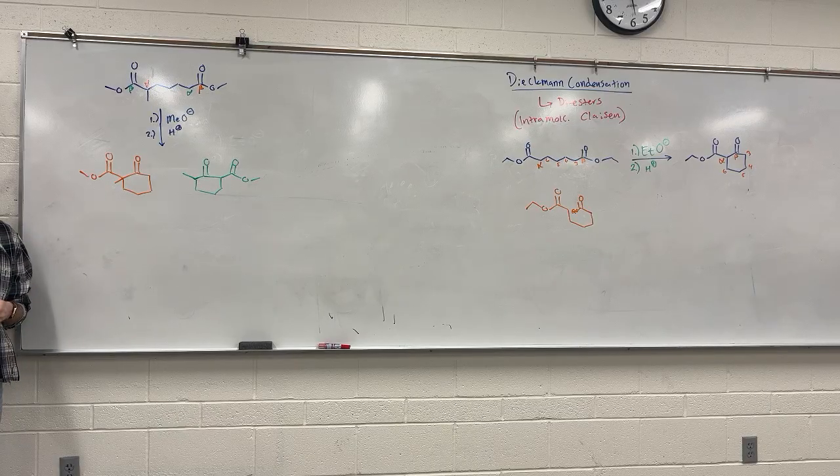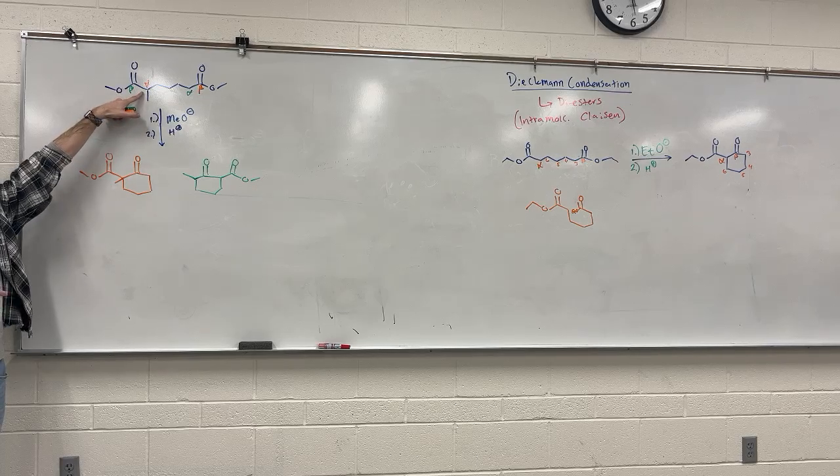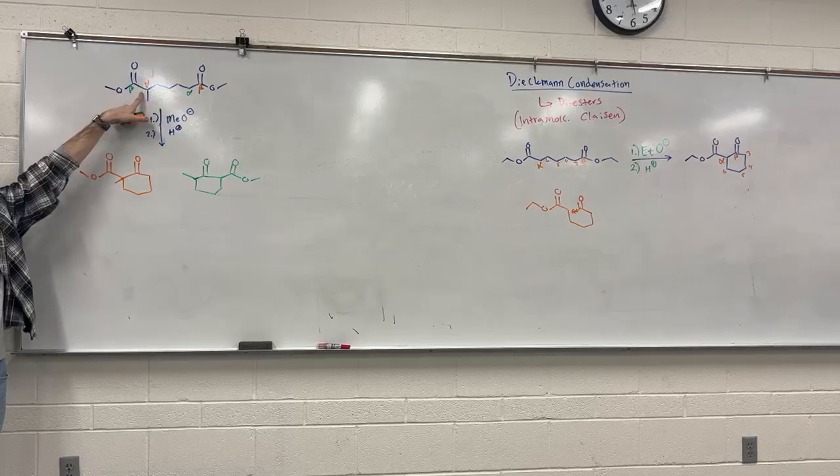There is a point in the mechanism where they differentiate from each other. Elliot brought up a good point, which is that the orange alpha position is more acidic. It's more substituted, so it should form a nucleophile, an enolate, more readily.